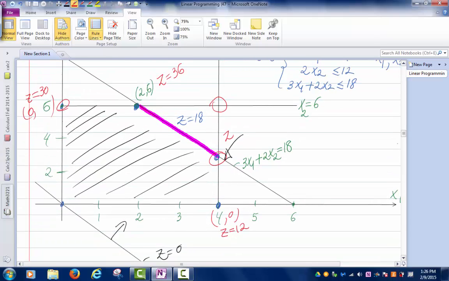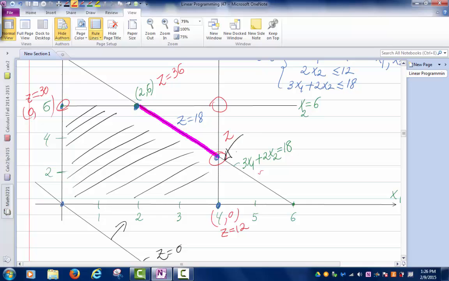This would be the intersection of the vertical line with this. So if I plug in x1 to be 4, then I get 2x2 is 18 minus 12, so 2x2 would be 6, so x2 would be 3.